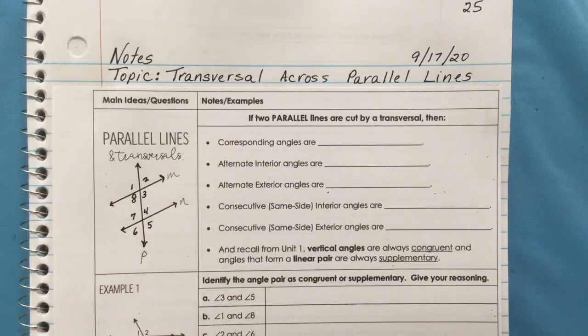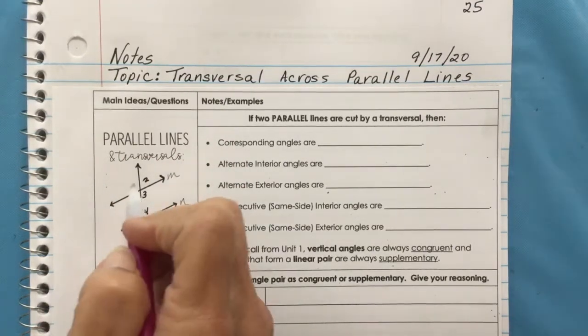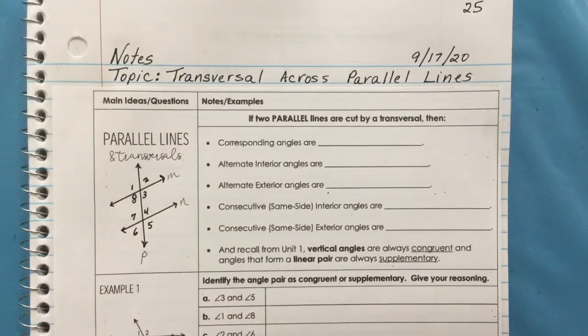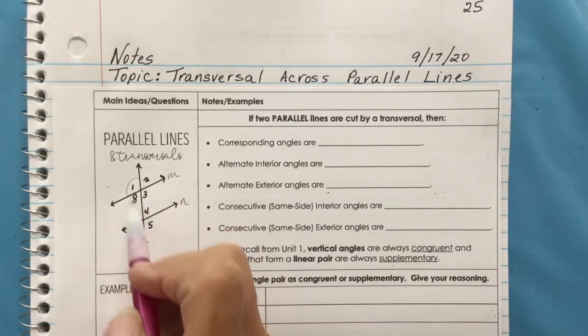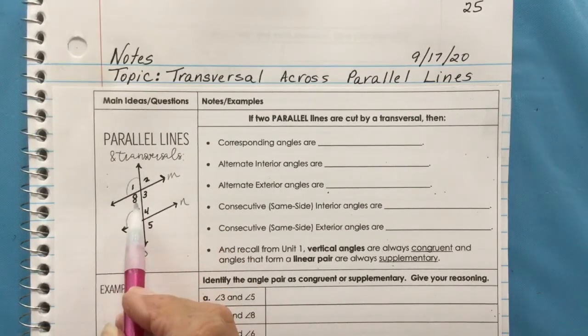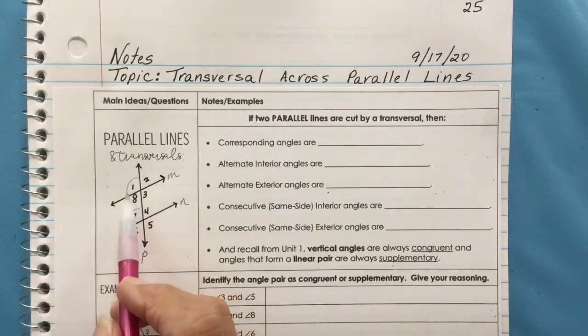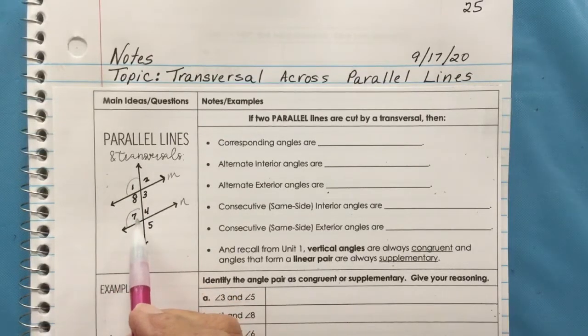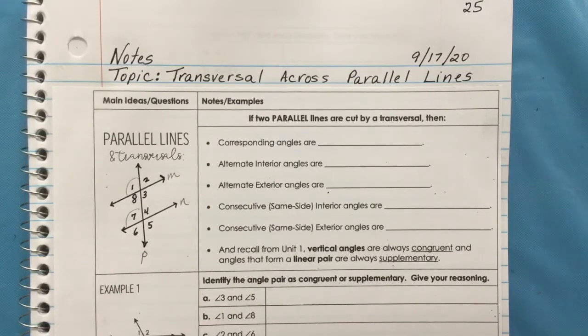So let's look at corresponding angles first. As a reminder, corresponding angles are on the same side of the transversal in the same position. So an example would be angle 1 and angle 7. Angle 1 is on the top left on this line, line M. Angle 7 is in the top left for line N. So 1 and 7 are corresponding.